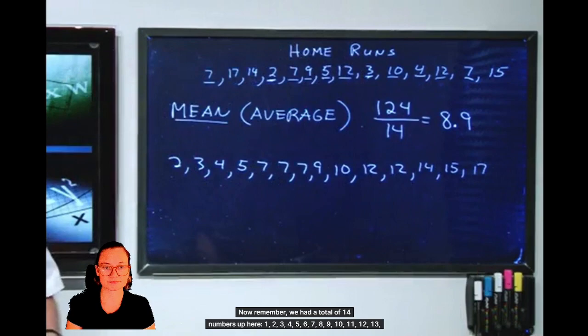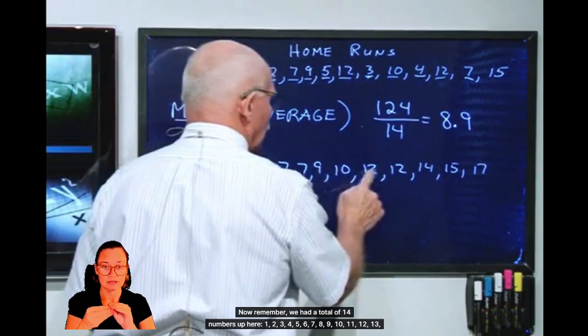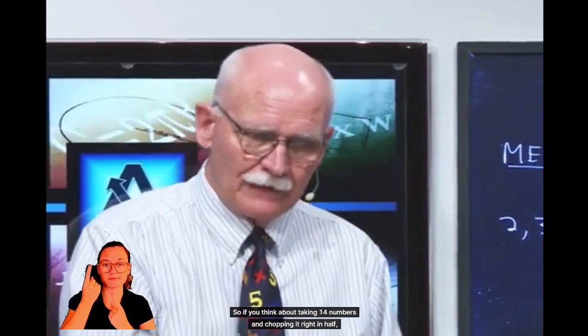Now remember, we had a total of 14 numbers up here. 1, 2, 3, 4, 5, 6, 7, 8, 9, 10, 11, 12, 13, 14. So if you think about taking 14 numbers and chopping it right in half, the middle would have 7 big ones and 7 little ones.